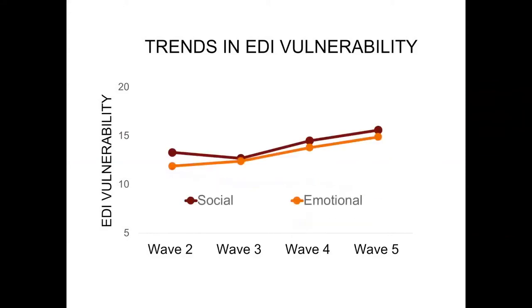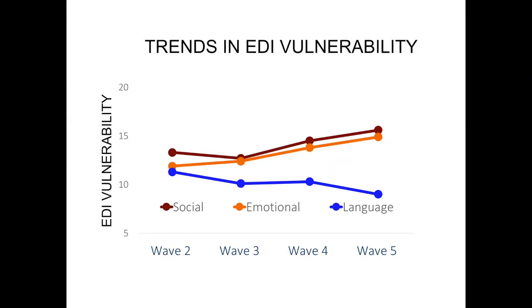At the same time, same children, we saw that the trends for the social competence and emotional maturity domain were increasing in terms of vulnerability. So things have gotten worse. These are the scales that measure anxious behavior, aggressive behavior, pro-social behavior, getting along with your peers and so forth. So if you put these two trends together, we see that they're going in different directions.